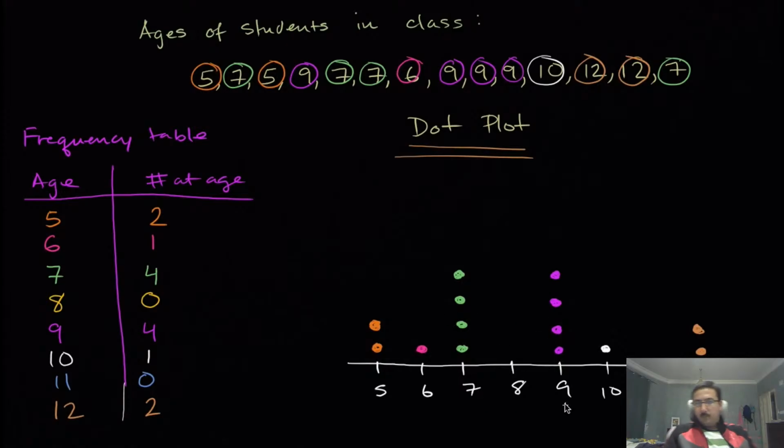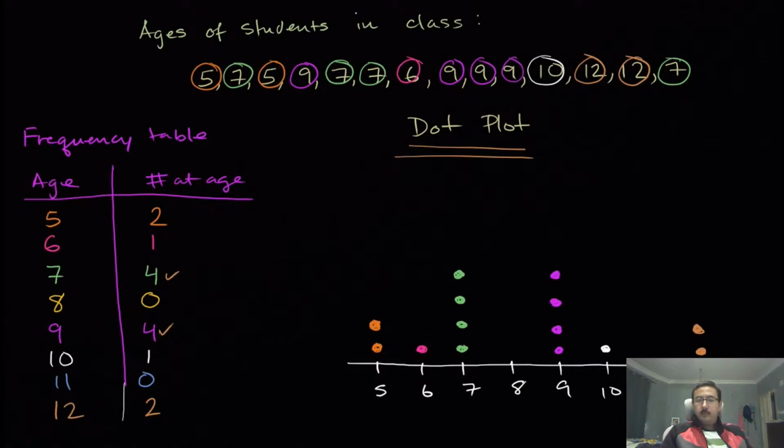So 7 and 9 are tied for the most frequent age. You would also see it in the table, where 7 and 9 are tied at 4. And if you just had the list, you'd have to count all of them to come up with this again and say, okay, there's 4 7s, 4 9s. That's the largest number. So if you're looking for the most frequent age, when you visually inspect the dot plot, it probably pops out at you the fastest.